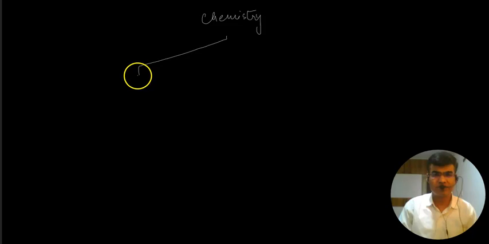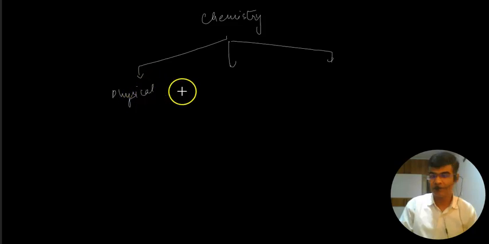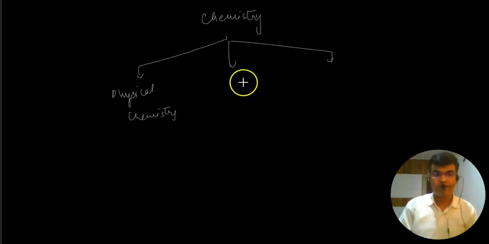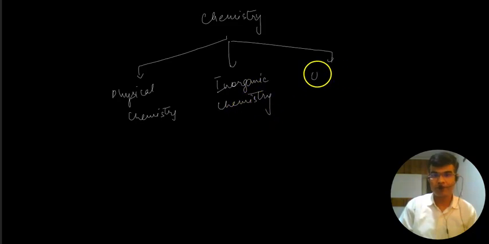Essentially, chemistry is divided into three branches. One is physical chemistry, the other one is inorganic chemistry, and the third one is organic chemistry.